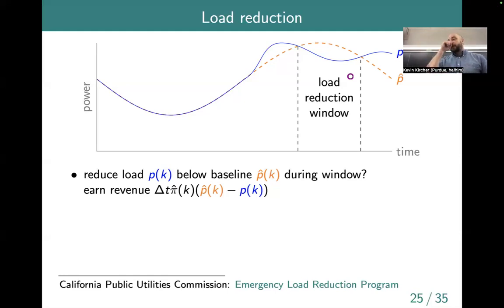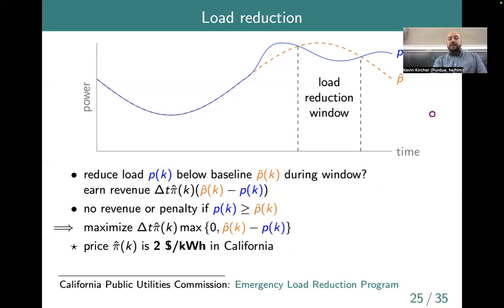So I will pay you the difference between the counterfactual, or the baseline, what you would have consumed absent intervention, and then the blue thing here is the measurement, what you actually consumed. You can imagine if you had a bunch of buildings, you control their air conditioners, you might pre-cool those buildings, using more energy than baseline in anticipation of the peak, and then drift a little bit during the peak window, and then spend a little bit more energy later to recover and pay back that debt of cooling, if you like.